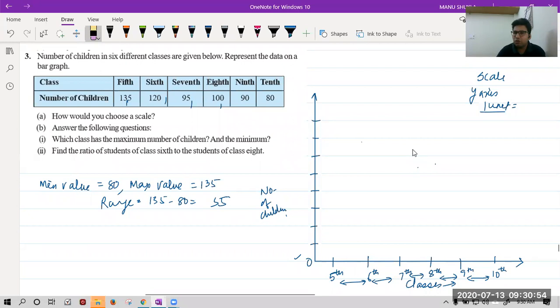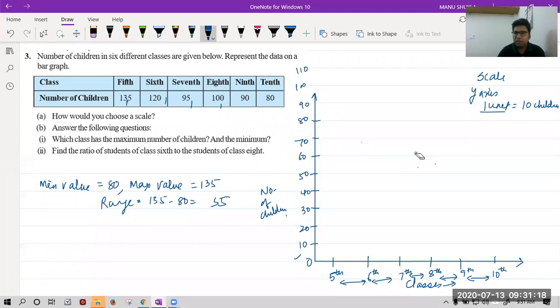Now if I take 1 unit equal to 10 children, if I start with 10 only, 10, 20, 30, 40, 50, 60, 70, 80, then I will have 90, 100 over here, 110, 120 and so on. So you can see my graph is going quite long.